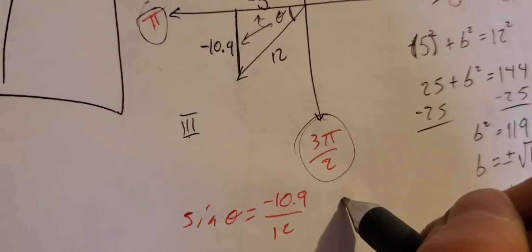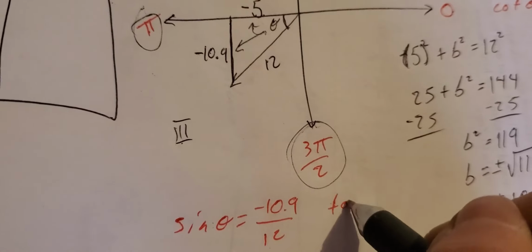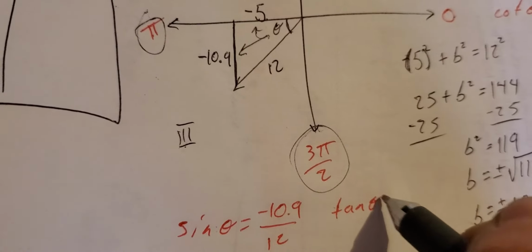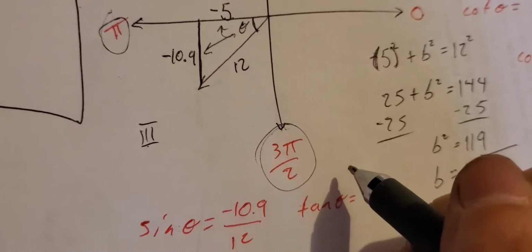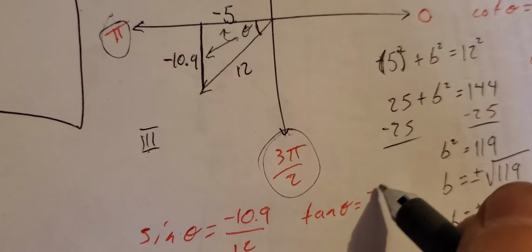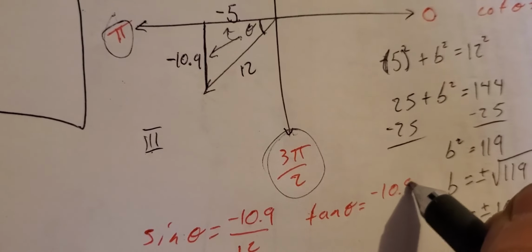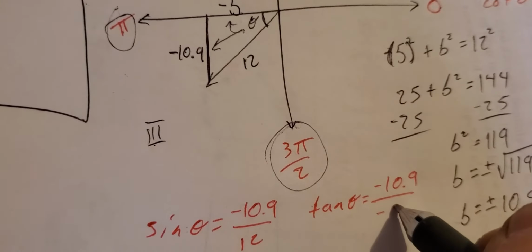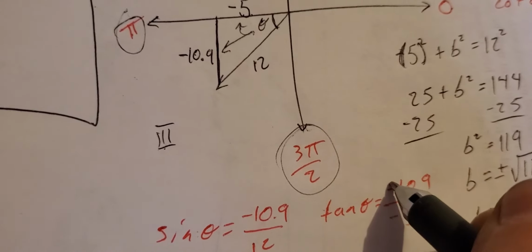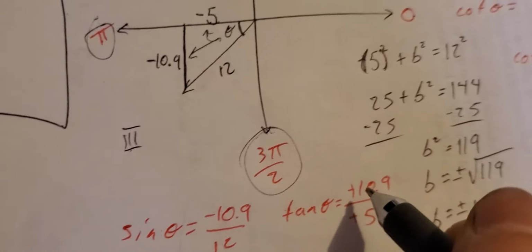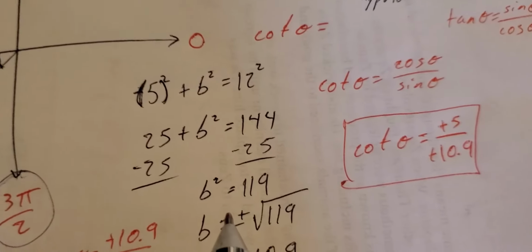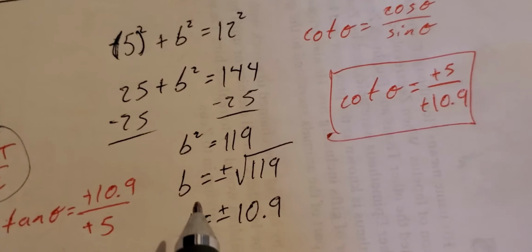If you were trying to find tangent theta, that's just opposite over adjacent, so that'll be -10.9 over the adjacent, which is -5. For cotangent, it's the same thing as tangent, but backwards, the reciprocal.